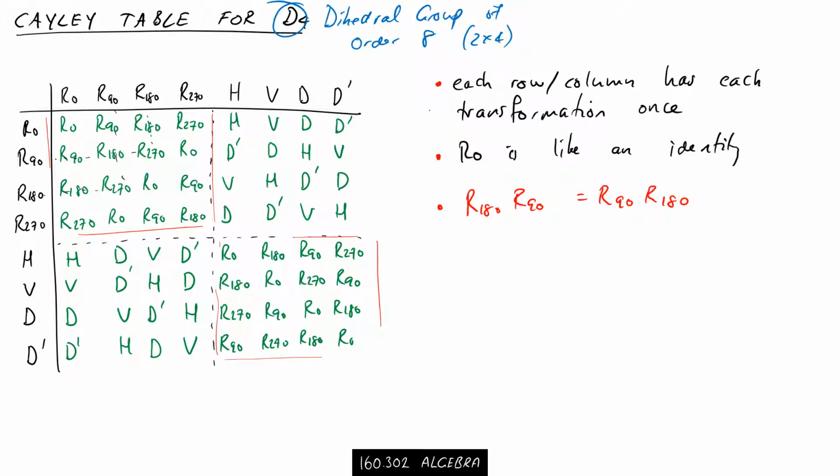Does this hold everywhere? What if we take H times R90? That gives us D, but what is R90 times H? R90 times H is D prime. So H times R90 is not equal to R90 times H.